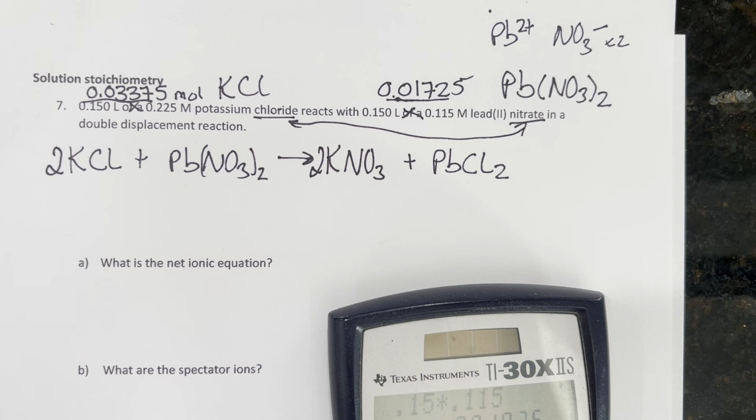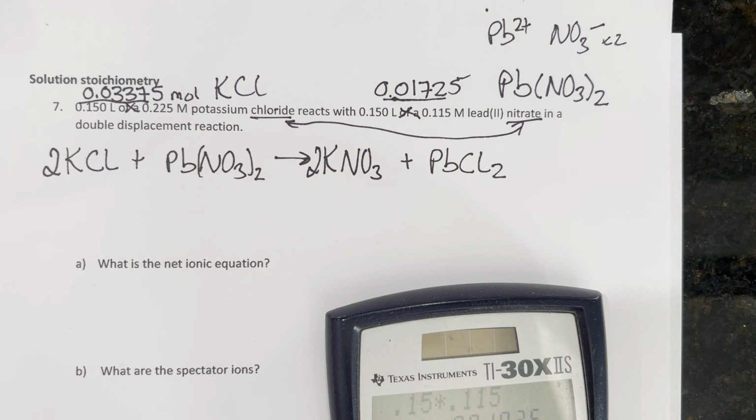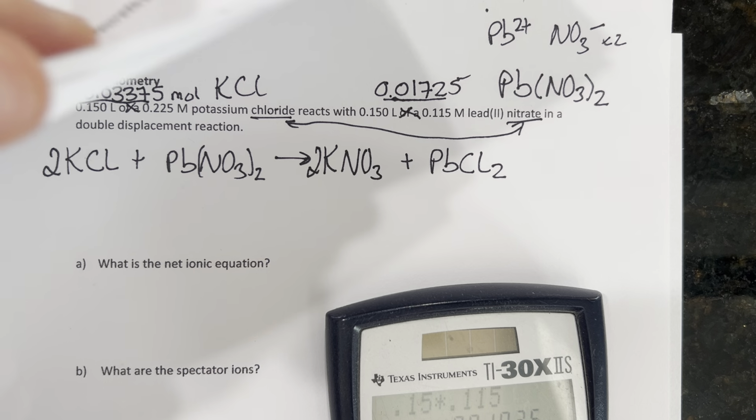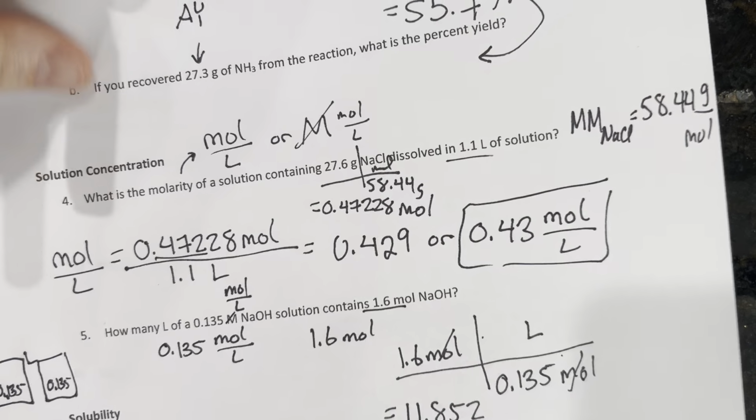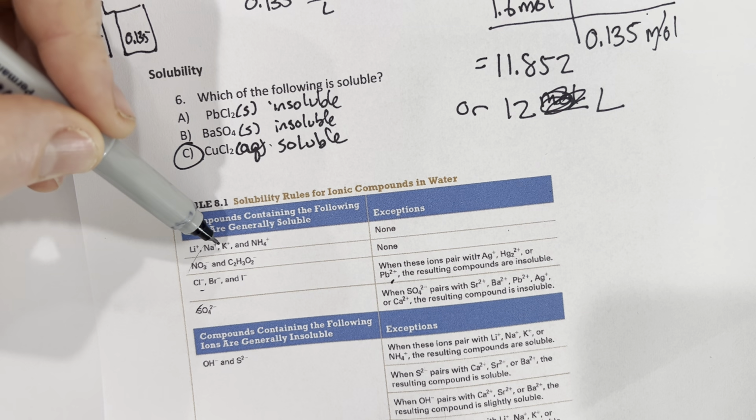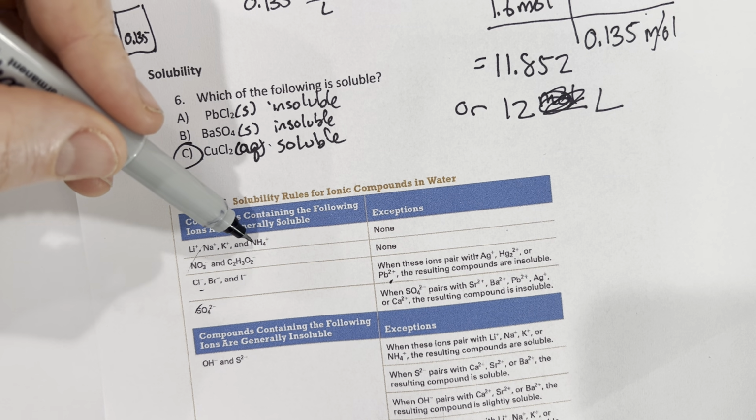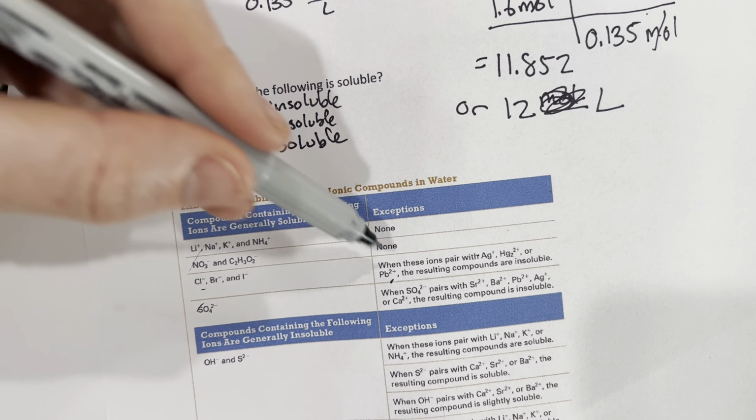All right, the other thing to consider in double displacement reactions is you want to oftentimes look at what's solid or aqueous. So potassium is one of those that we talk about and say, make sure you just memorize it, because sodium and potassium, lithium, ammonium, nitrate, and acetate have no exceptions.